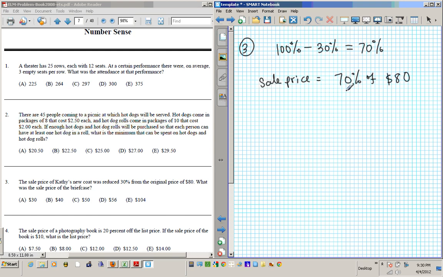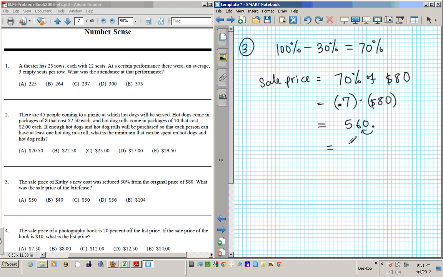Now what is 70% in mathematical form? 70% is 70 over 100, or 0.7. Of simply means multiply by the original, which is 80. So I multiply 0.7 by 80. 0.7 times 80 is 560, but since we have one decimal place, we move the decimal point forward once.